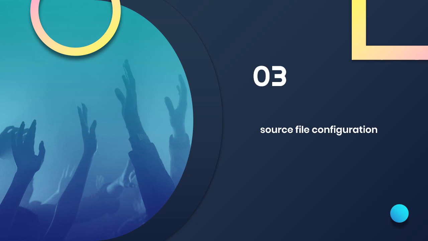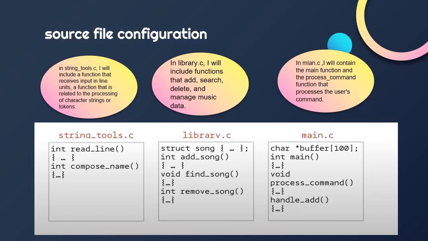Source file configuration. This is very important. String to C will include a function that receives input in line units, and functions related to the processing of character strings or tokens.